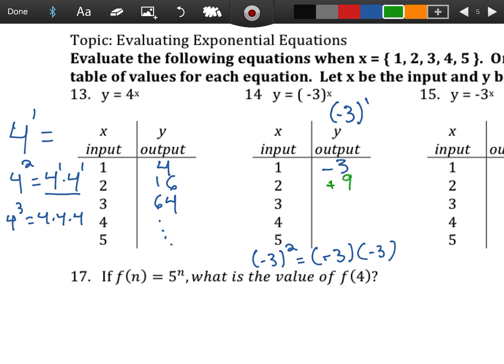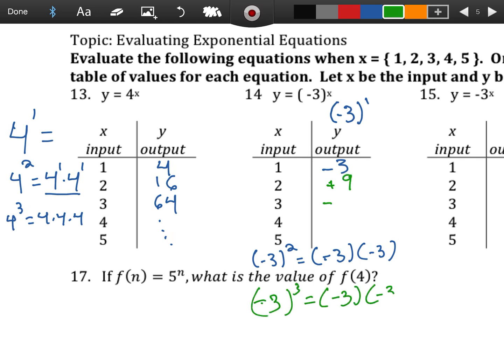Hopefully you're saying a positive. And then 3 times 3 gets you 9. And so you'll start to notice these are going to alternate between negative, positive, negative, because we keep going back and forth between the outcomes of some numbers move together and become positive, but then they have another negative number. If you expand some of these, you'll see it happen.